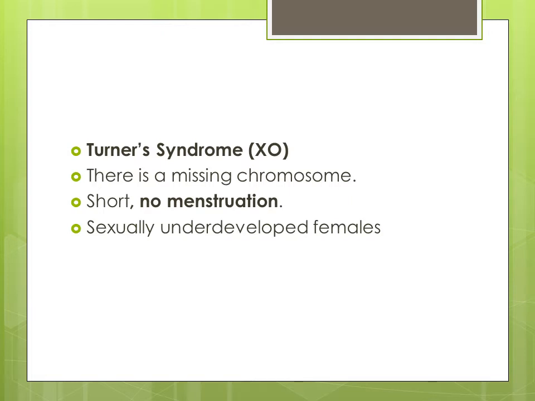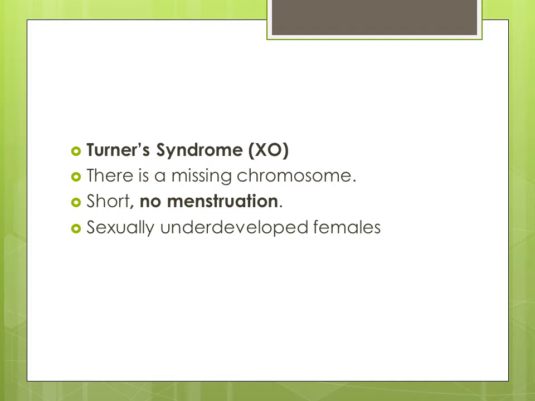They are often short and have no menstruation. They are sexually underdeveloped females. So they are females, but you will see that there are some missing features on them. Sometimes they have flatter breasts, and they do not have menstruation. They're often really short.